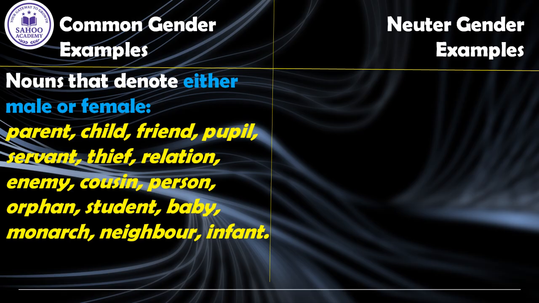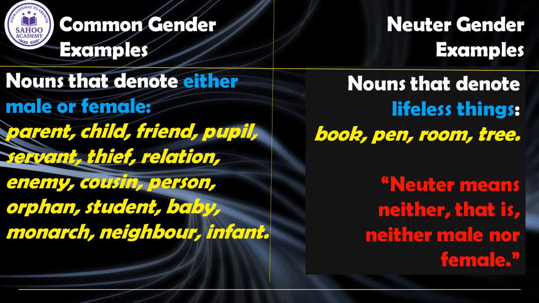On the other side, we have neuter gender. Just look at the other side on the screen. As the definition tells us, neuter means neither, that is, neither male nor female. These nouns denote lifeless things, objects, or places. Look at the examples: book, pen, room, tree. A book is not male or female. We cannot say that. A room is not at all male or female.